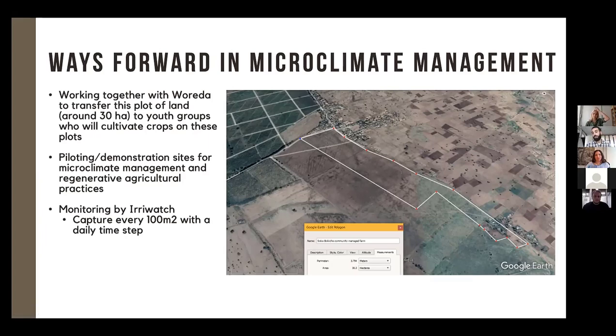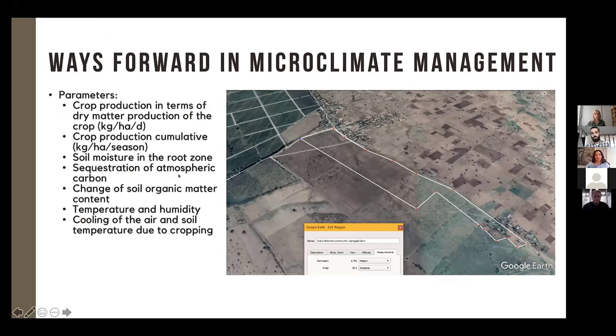On the one hand, it's acting to verify and validate the data coming from AreaWatch, but from our side, it's also building up capacity for farmers to be able to monitor their own conditions on the field. I'm really excited about this aspect of the project. Can we go to the next slide?